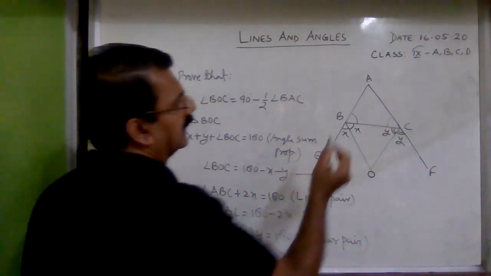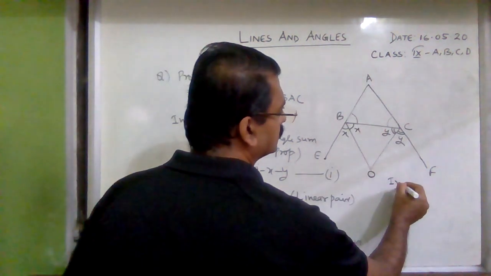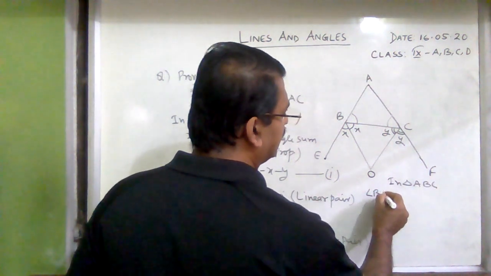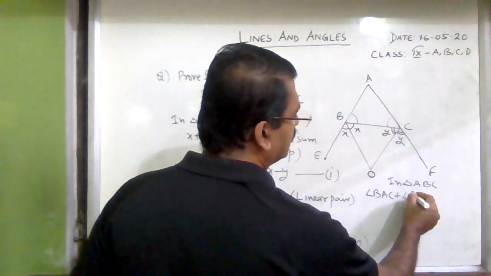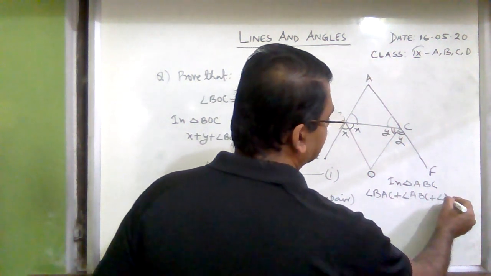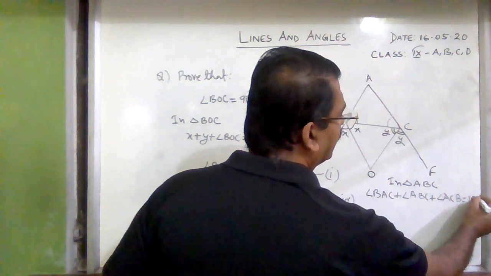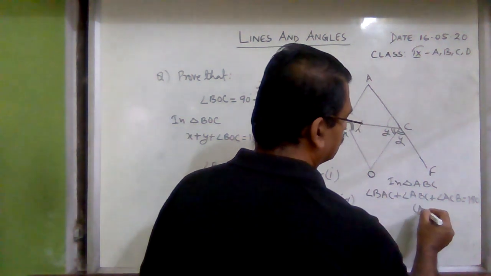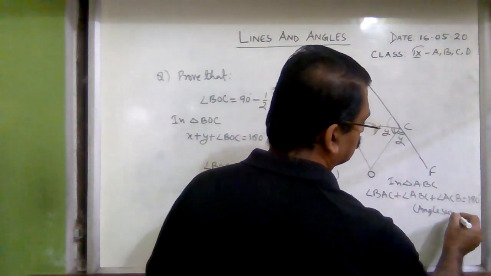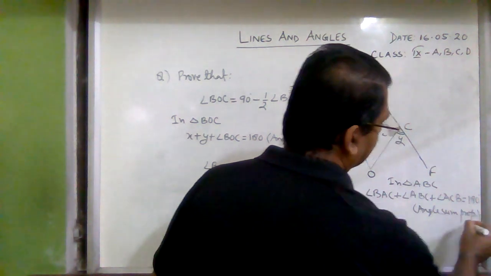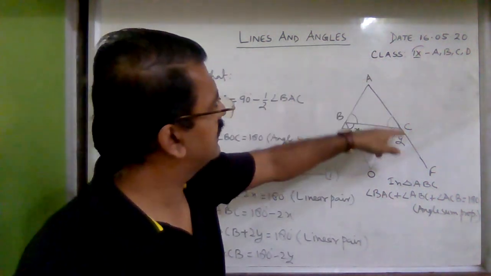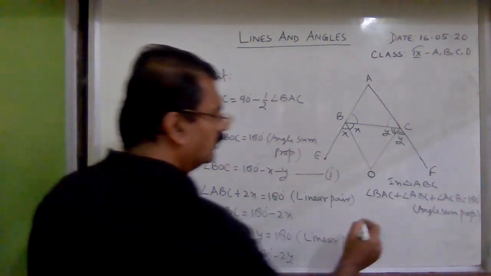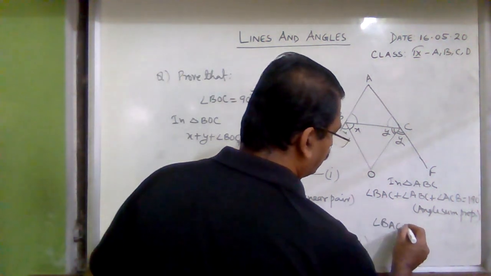Now in triangle ABC, angle BAC plus angle ABC plus angle ACB is equal to 180. Once again, that is the angle sum property. Now angle BAC we have to find.